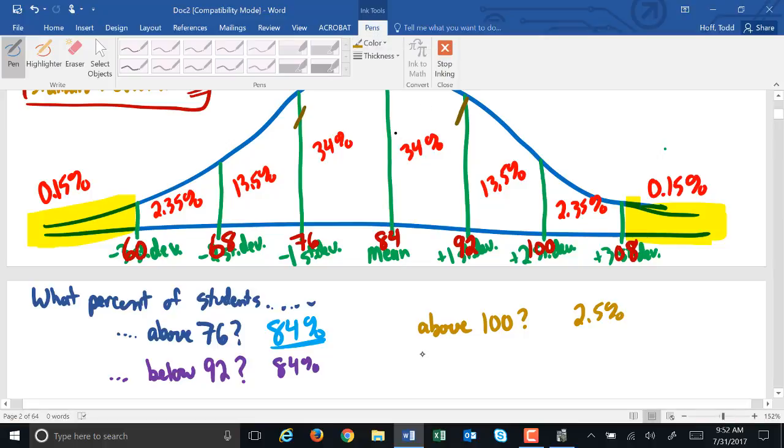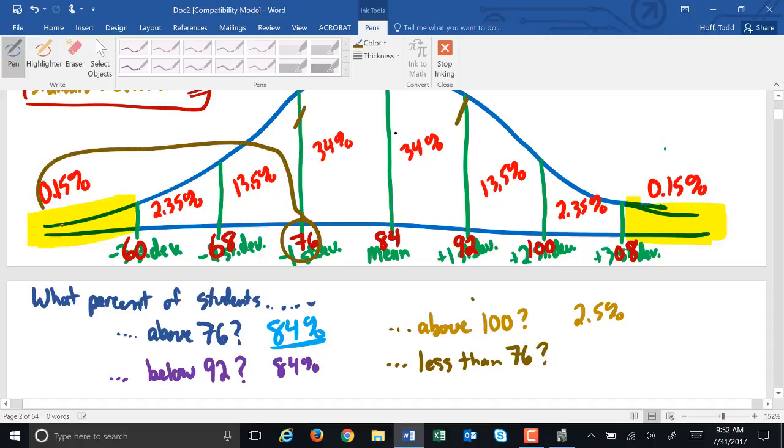Or I might get less than 76. Well, here's 76. If I add those up, I get 16%.